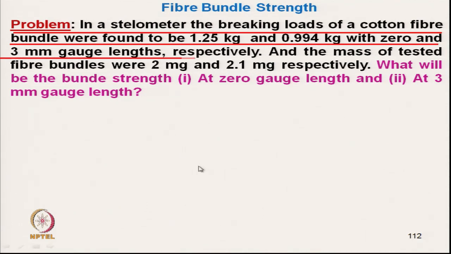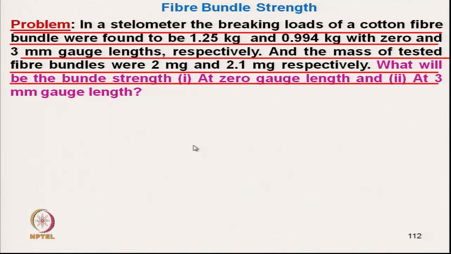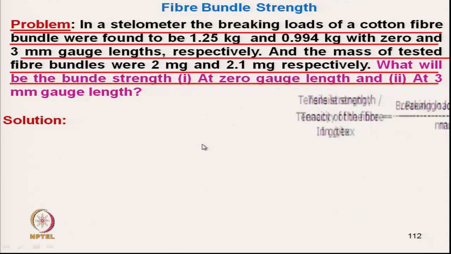And the mass of tested fiber bundles were 2 milligram and 2.1 milligram respectively. What will be the bundle strength at 0 gauge length and at 3 millimeter gauge length? That is the question. Now, try to see the solution stepwise.